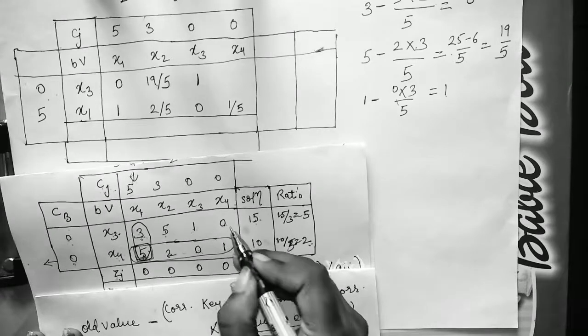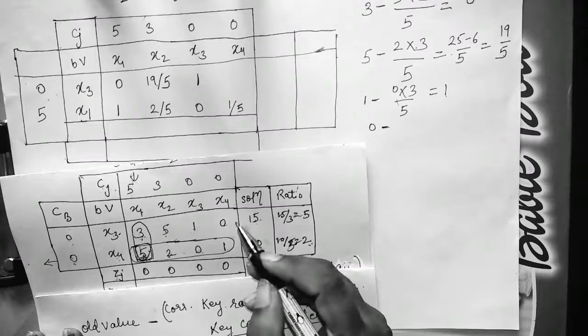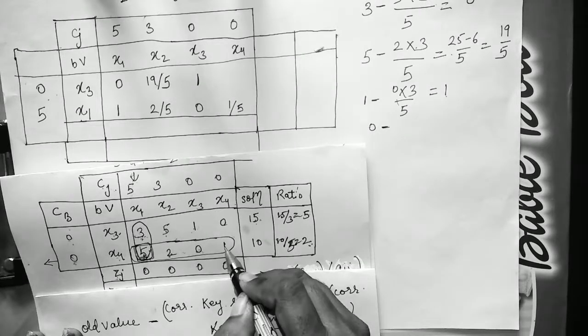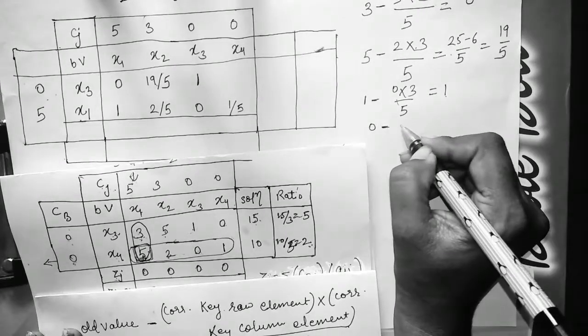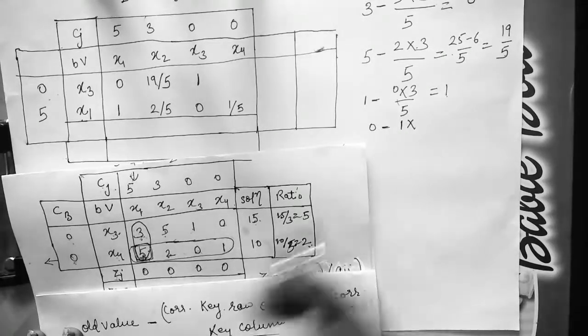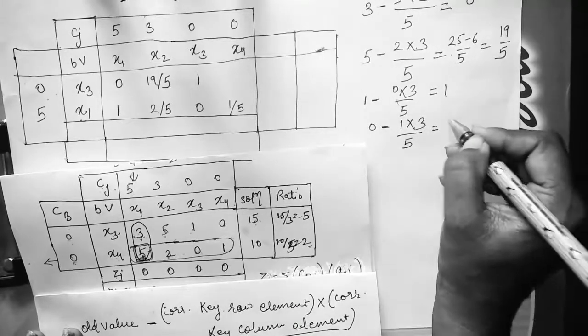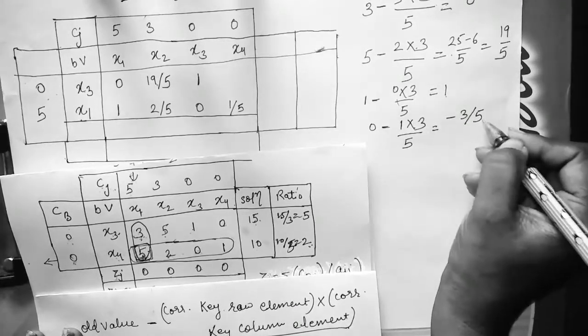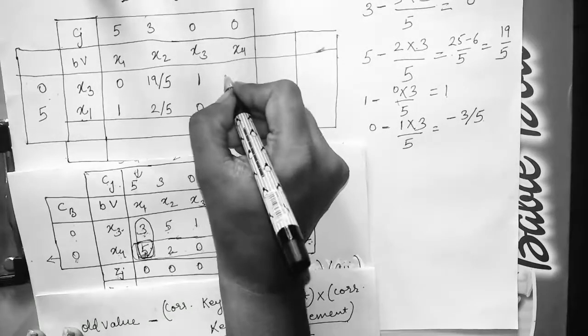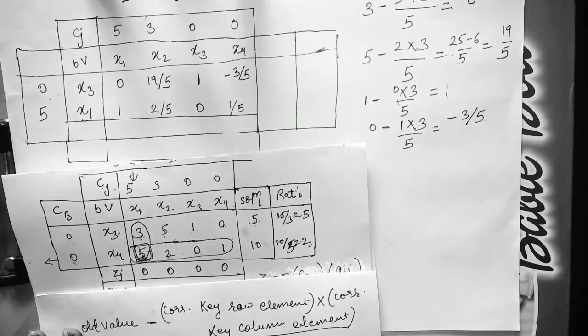Now 0. Old value is 0 minus corresponding key row element 1 into corresponding key column element 3 upon 5. So this is equals to minus 3 upon 5. So here we can put minus 3 upon 5.